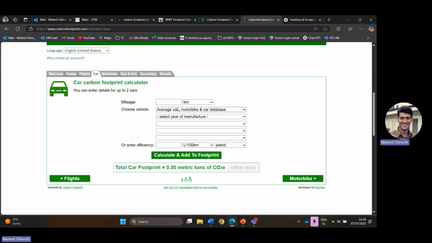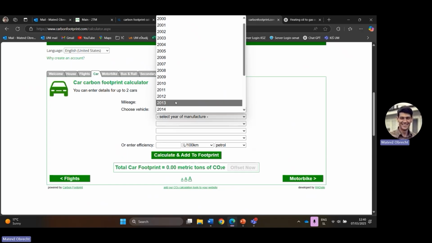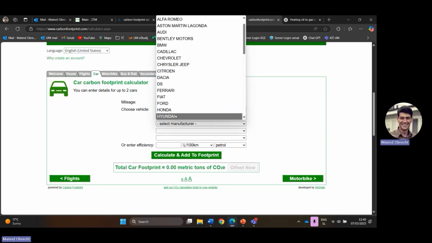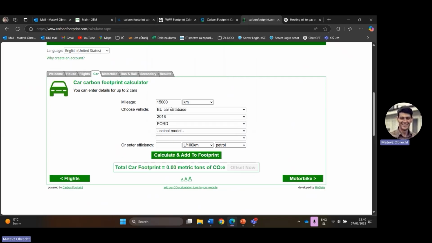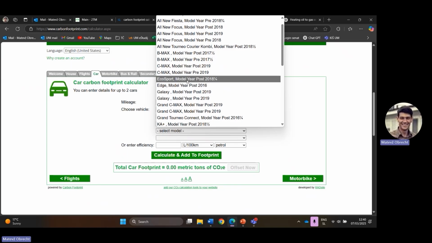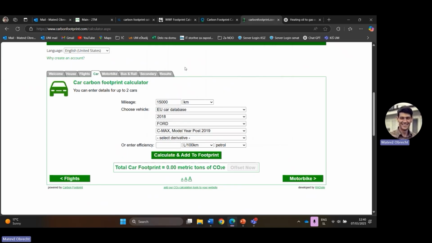Then you go to the car. You can exactly specify how much mileage you do, what exactly is the car that you are using, what's the manufacturing date, or what kind of car, I don't know, just make one up, and what is the efficiency?